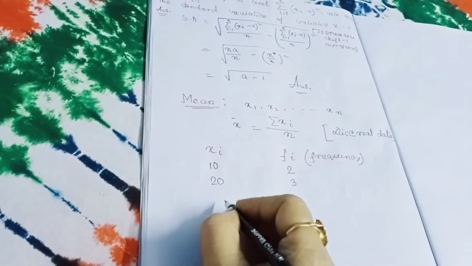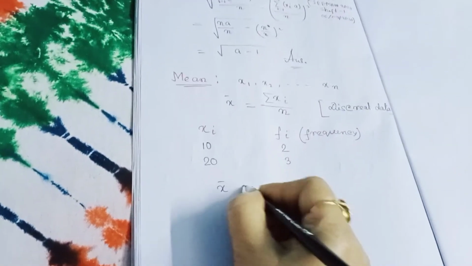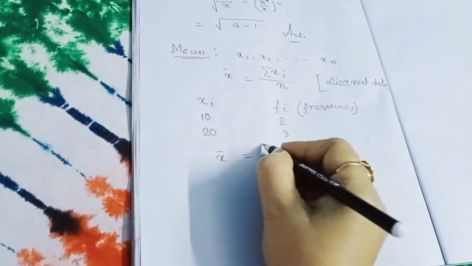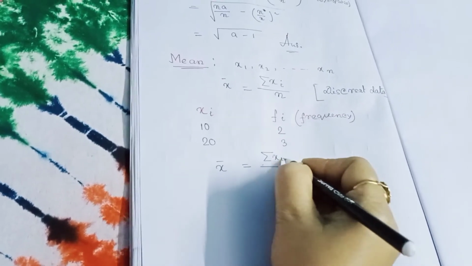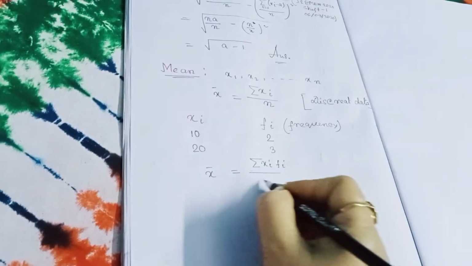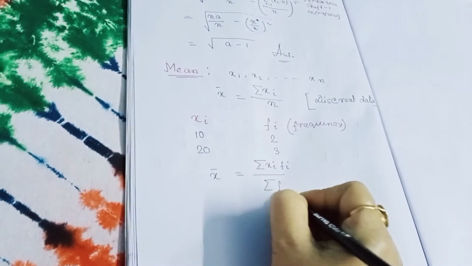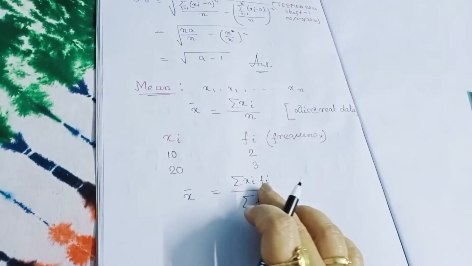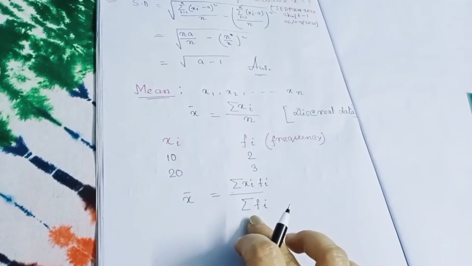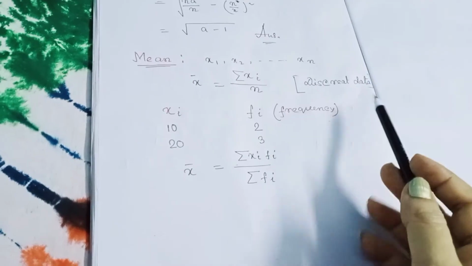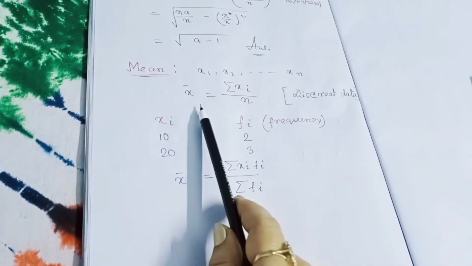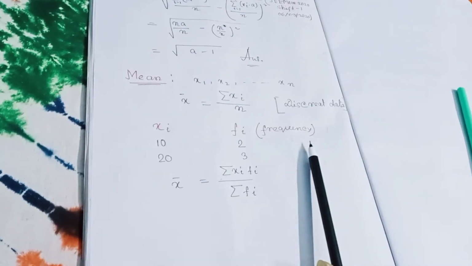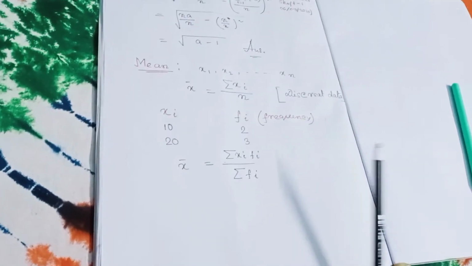Then we calculate our mean, x bar is equal to summation of xi into fi divided by summation of fi. So when you take discrete data, this is one type of mean, and when you take frequency wise, this is another type of mean.